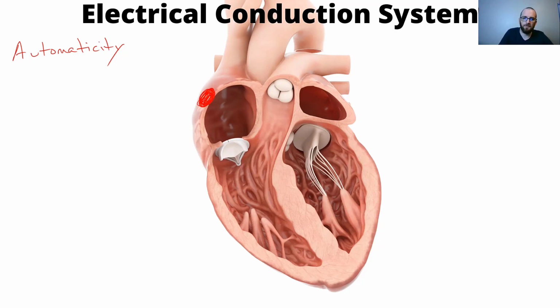Up in the right atrium, we have a little bundle of cells called the sinoatrial node, or the SA node. And that's where it all starts for us.